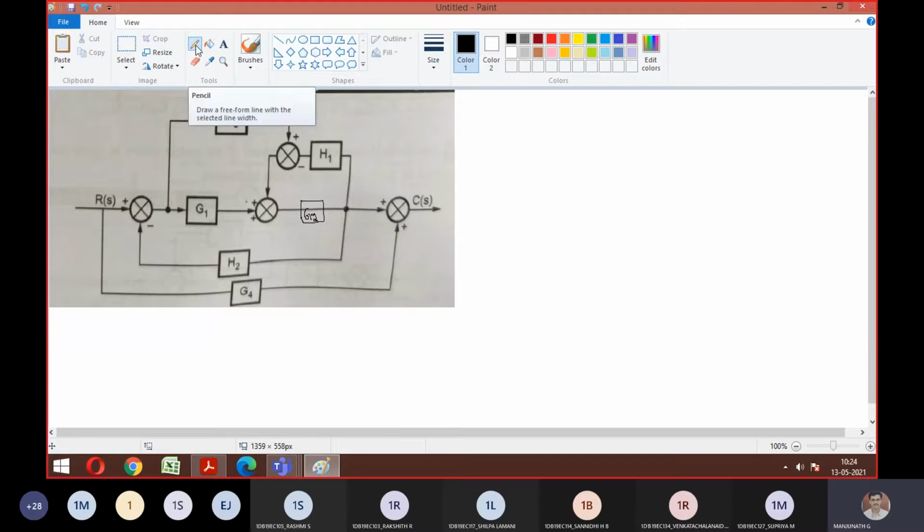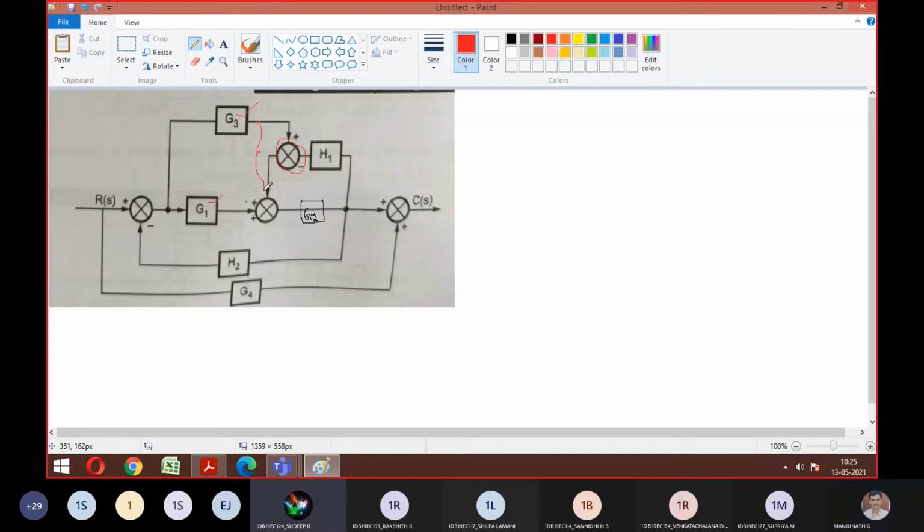Because all problems look different. In the exam, if you see a question like this, suddenly you should think what are the possible ways I can reduce this. Then only you can proceed. What you can do, just think. See, if this summing point was not there, then I could have made this G3 and G1, what condition? Is it series or parallel?